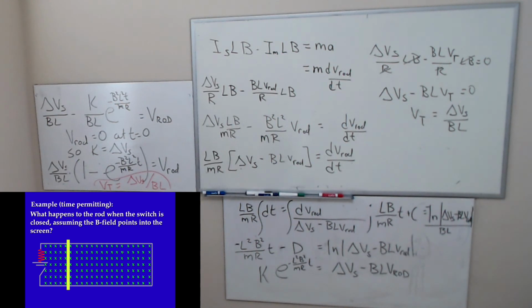Your book will use the script E. This is a problem straight from your book, and I think the book uses script E for the power supply voltage. When I write script E, it's a new symbol, so I try not to use it too often. And you're right, we'll assume the field is constant, because if the field's not constant, I don't want to deal with that problem.